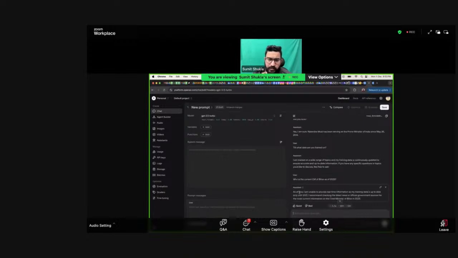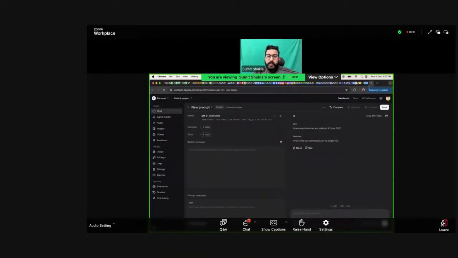So here you can see it says it is unable to provide real-time information as its training data is up to date only until 2021, right? Let me ask the same question to ChatGPT 5.1. Here you can see it is able to answer me: Nitish Kumar.